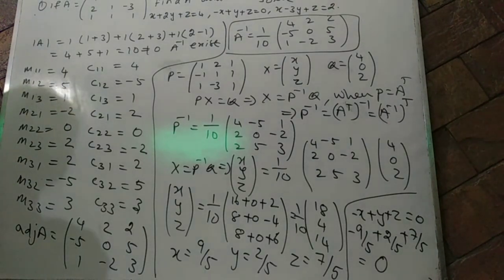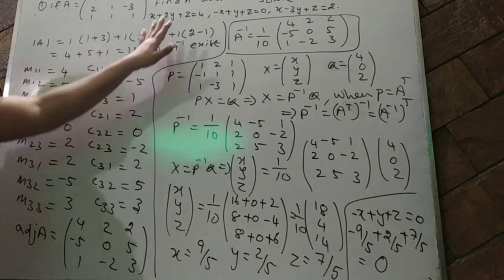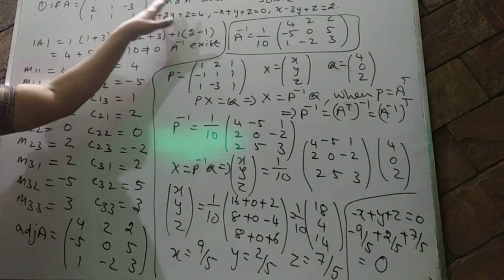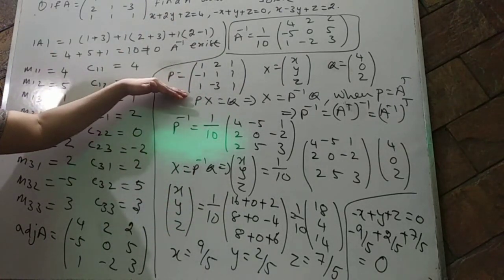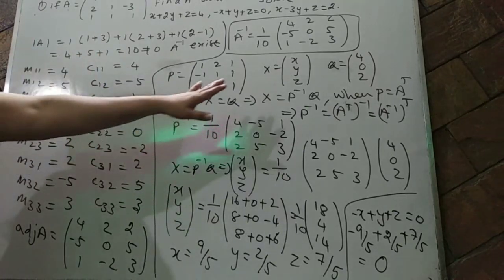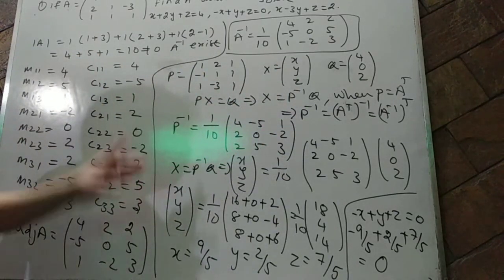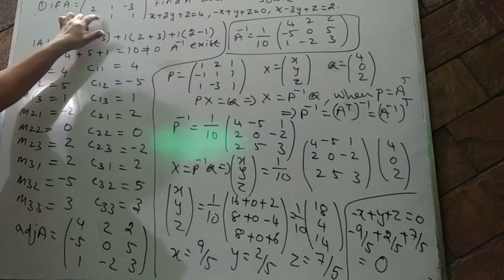So once again, listen. In case a matrix is given, find A inverse. First, you should not consider this linear equation. You have to find A inverse. After finding A inverse, you collect this system: P matrix, X matrix, Q matrix. Then PX is equal to Q, X is equal to P inverse Q. Now you have to check the relation between this P matrix and the A matrix.